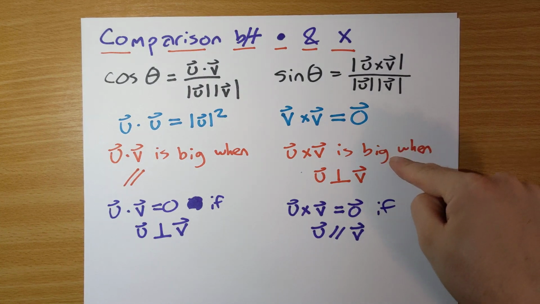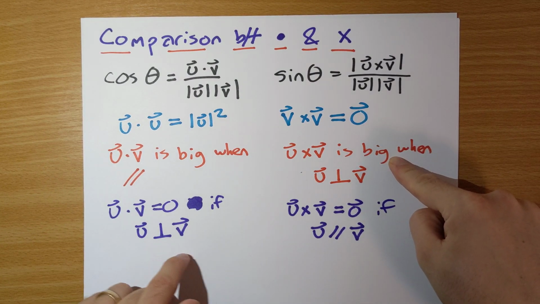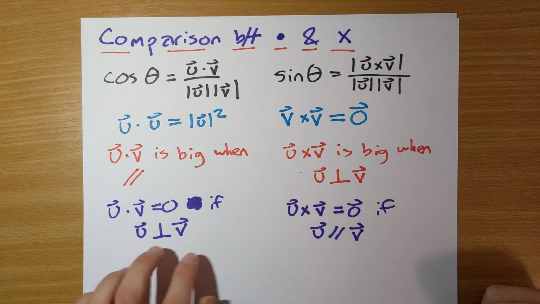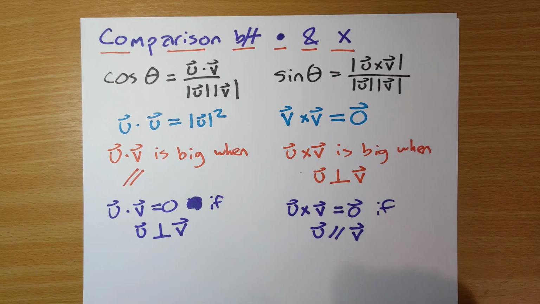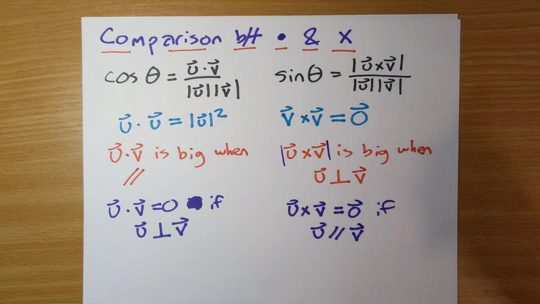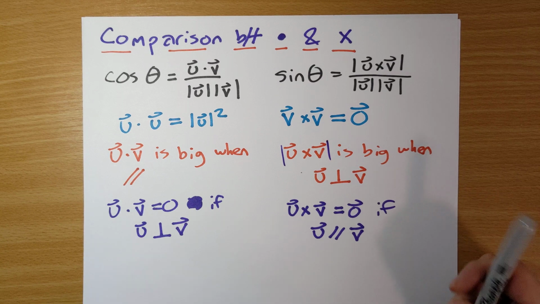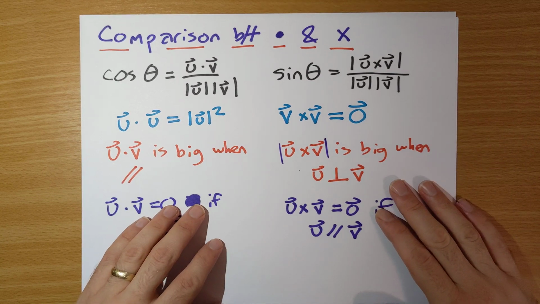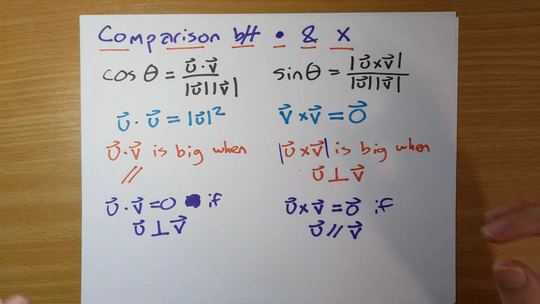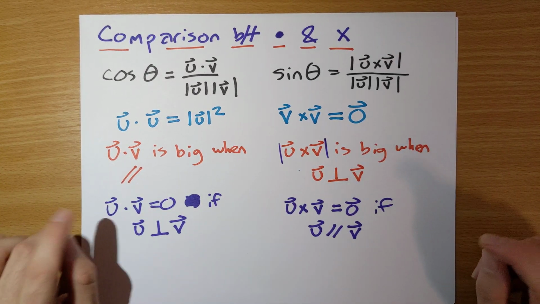Perpendicular gives a big cross product, and when I say big here, I mean the magnitude, the length of the vector is big. U cross v is big when u is orthogonal to v, but the dot product there is 0. So there are lots of symmetries, but in some ways they're opposites of each other.